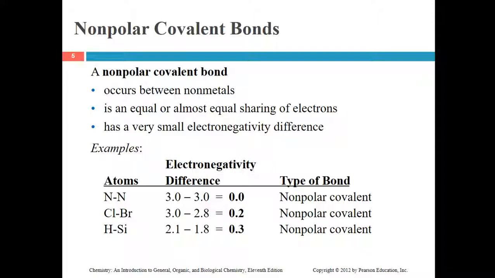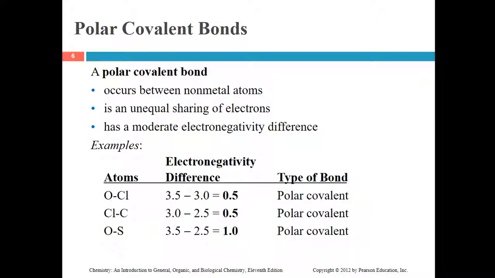So the question kind of is, what is enough to make it act polar? Well, look here. A polar covalent bond, yes, it's still a covalent bond when it's between nonmetal atoms, but it's an unequal sharing of electrons that is unequal enough to actually make a difference.